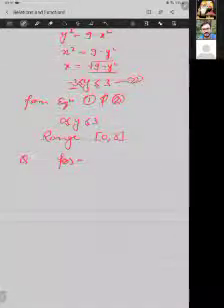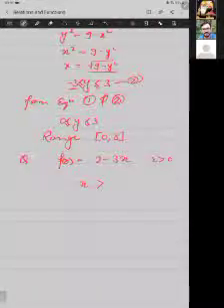Fx equals 2 minus 3x, x is greater than 0. Now see, we have been given that x is greater than 0.